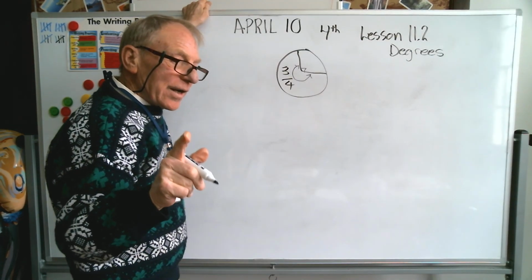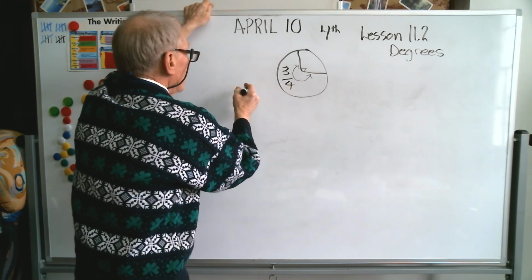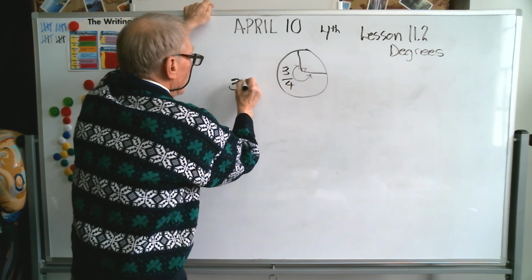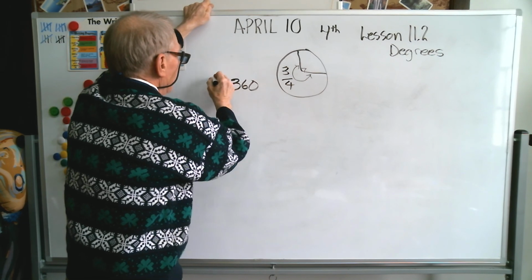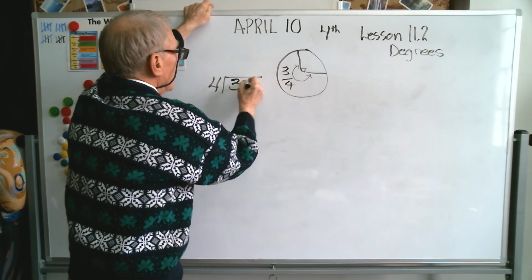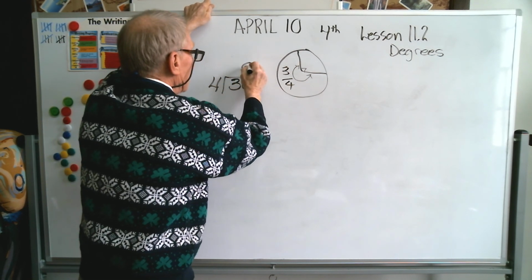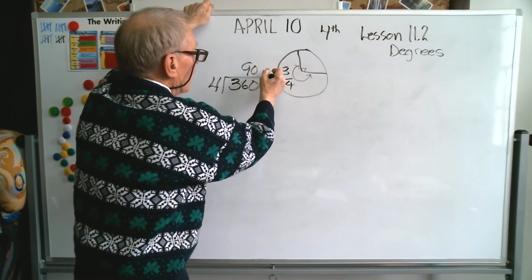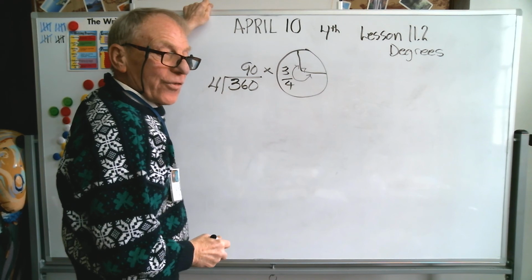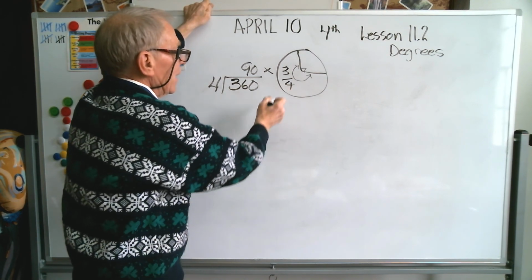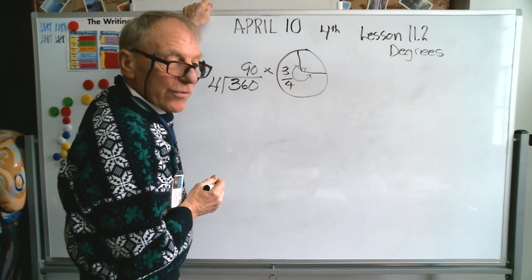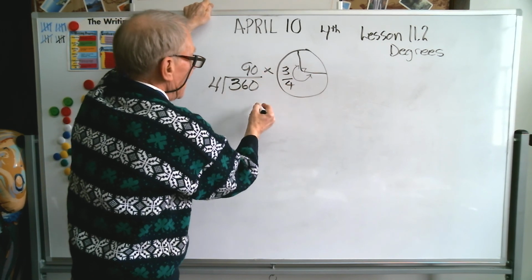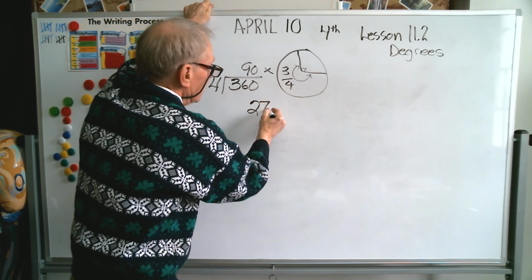Just so you're clear on this, you take your 360, divide it by 4, which is 90, correct? And then you're going to multiply that times the 3, because there are 3 of those 4s. 3 times 90 is 270.